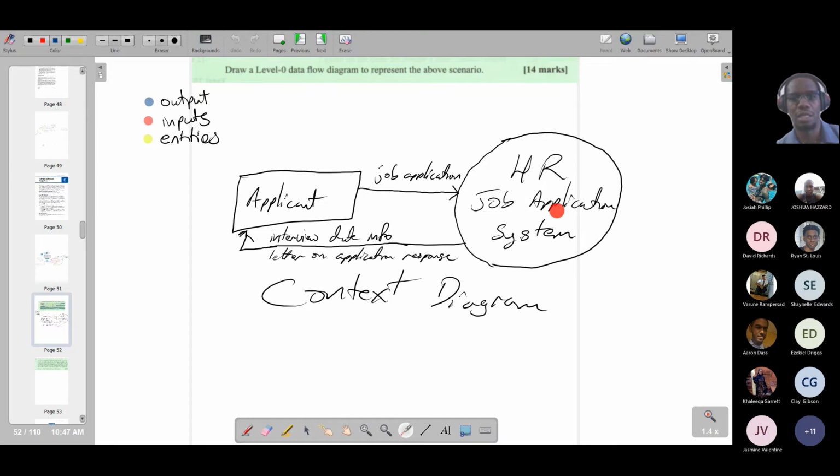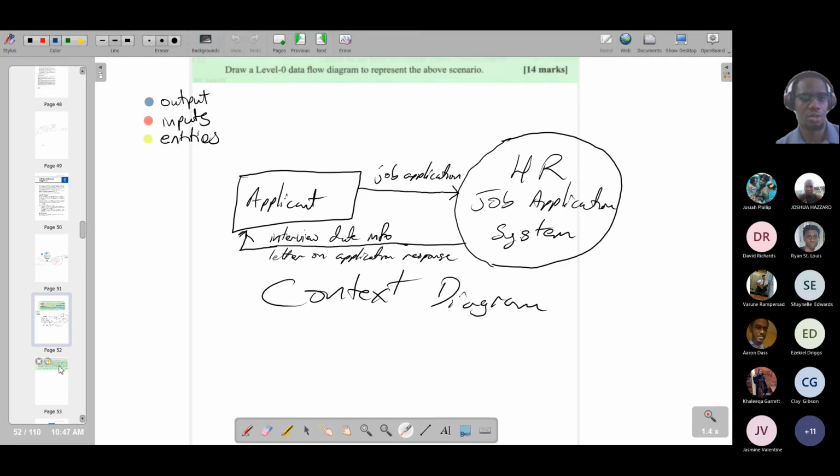We are now looking to break this into a series of processes that will tell us what the job application system really entails.